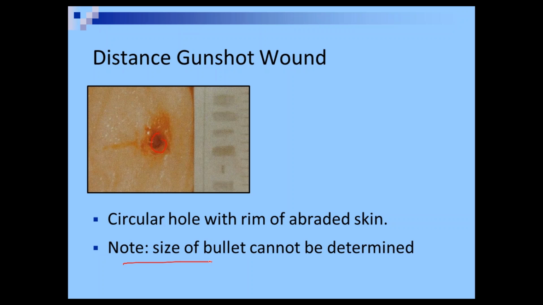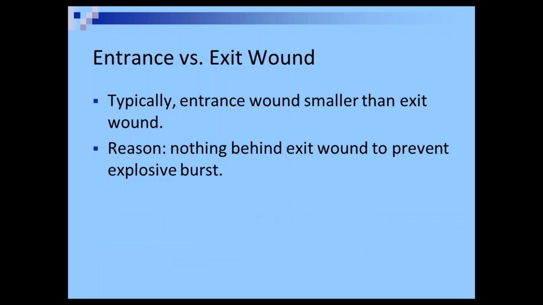If you have a perforating wound where the bullet went in and out the back, all you have is the body and two holes, so you can't tell whether it was made with a 22 or a 45. It doesn't make a perfect punch into the skin, and the medical examiner doesn't try to make that determination.